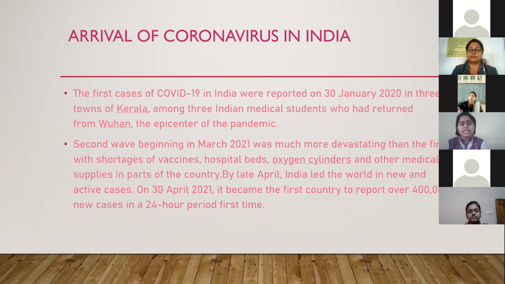The second wave beginning in March 2021 was much more devastating than the first, with shortages of vaccines, hospital beds, oxygen cylinders, and other medical supplies in parts of the country. By late April, India led the world in new and active cases. On 30th April 2021, it became the first country to report over 4 lakh new cases in a 24-hour period.